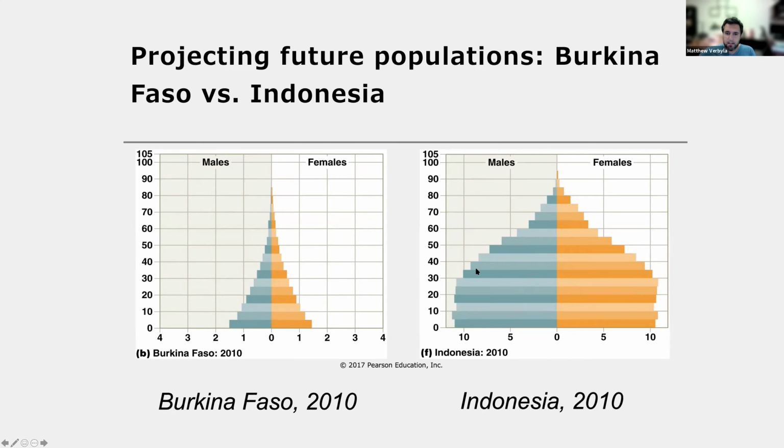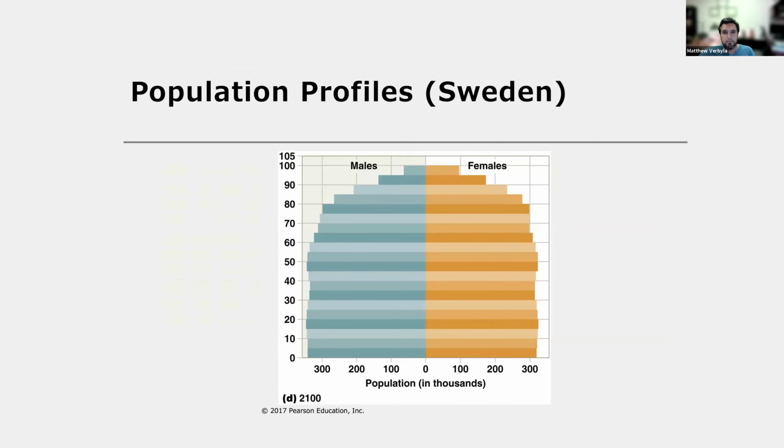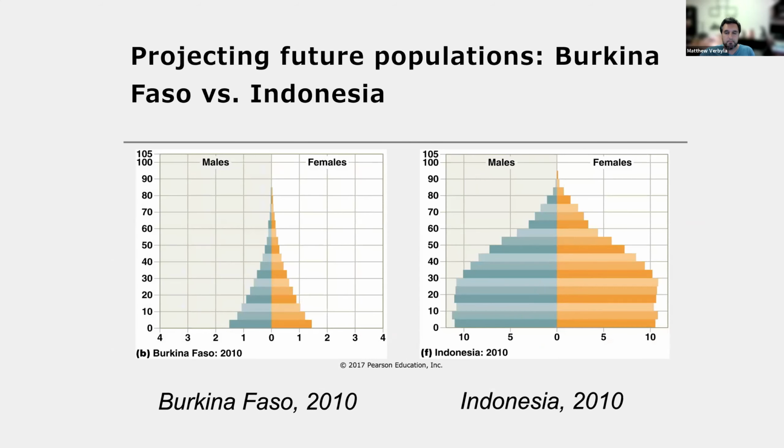In Indonesia, on the other hand, you start to see the flattening out of this demographic profile. So you start to see a slightly lower population growth rate, however, still a large number of young people and a fairly high death rate, especially compared to the earlier example we saw with Sweden, which has a much larger proportion of people living into their 90s and 100s.